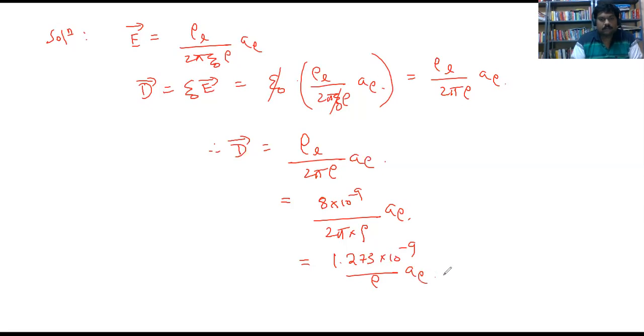Just for completion, we will find the flux density D at rho equal to 3. If rho equals 3, D becomes finally 0.4240 nanocoulomb per meter square.